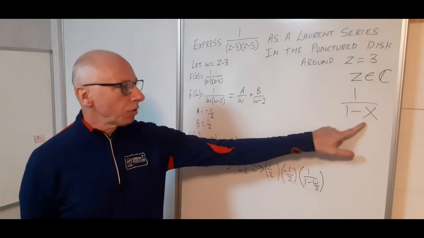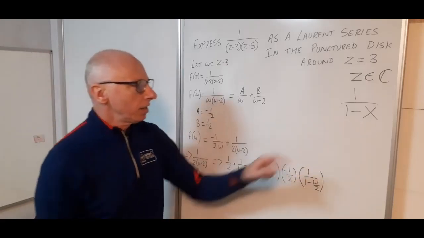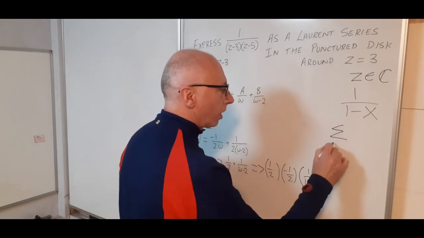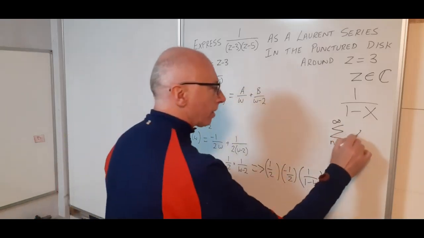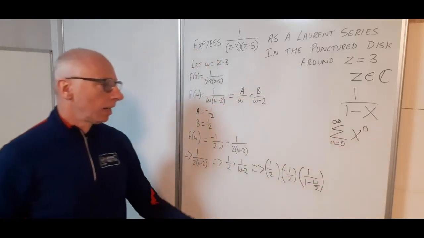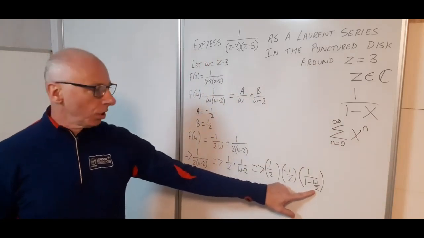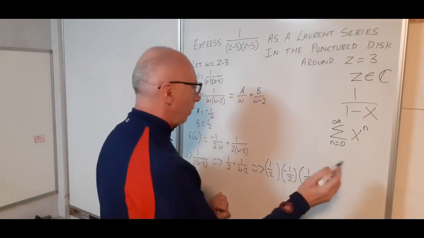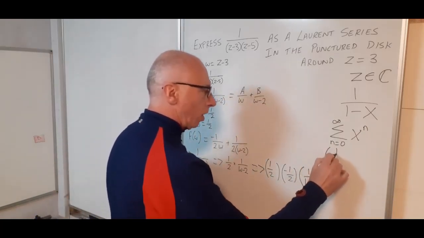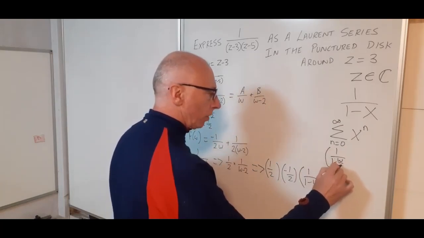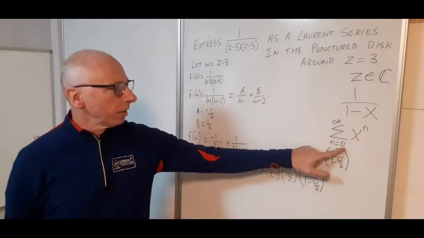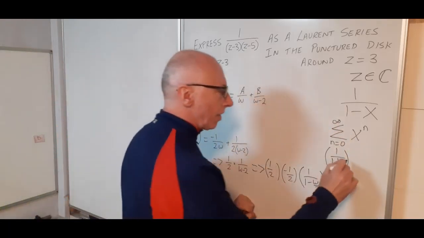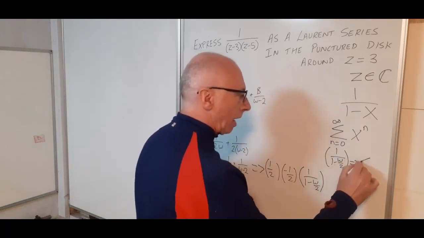Now I've got this series representation of this, because in series representation, if n goes from 0 to infinity, what I've got here is x to the n. Now here, I've got w over 2. So for this, 1 over 1 minus w over 2, using that and transferring from this, that then becomes power series from n equals 0 to infinity.